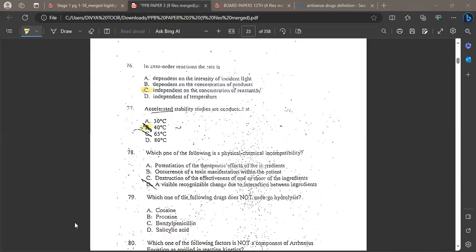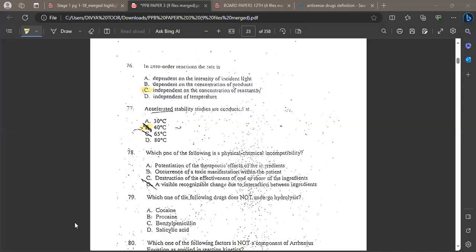Okay, so I'm seeing here, they're usually at 40 degrees, and the relative humidity is usually at 75%. So those are usually the conditions for the accelerated study. Pardon, your humidity is at 75%? 70. Okay. Yes. Okay, thank you. So we move.